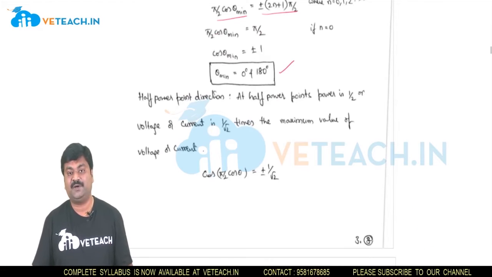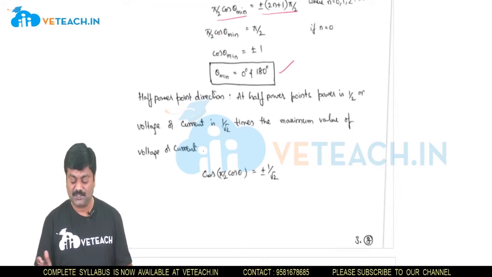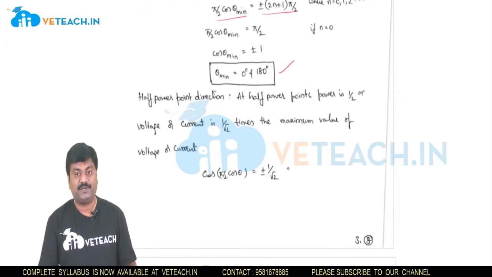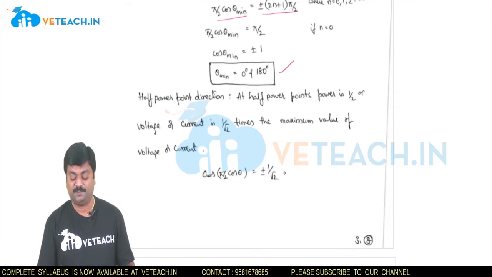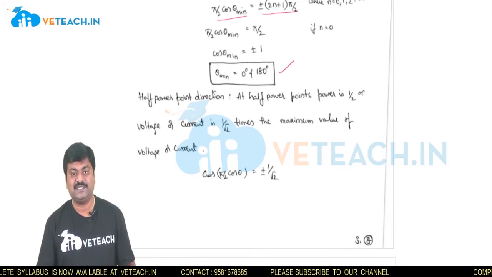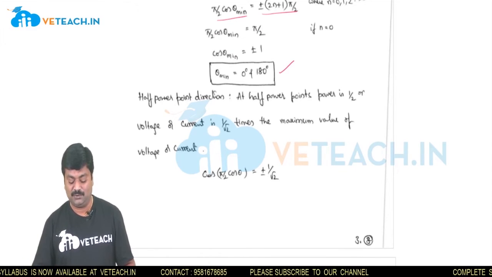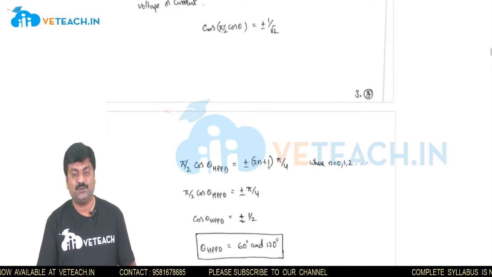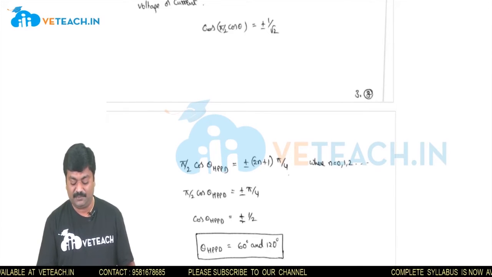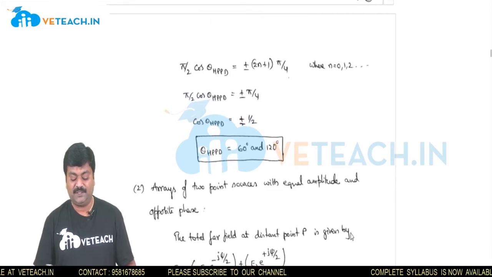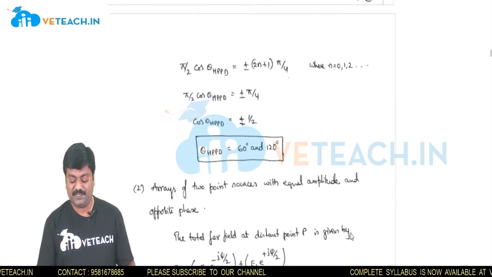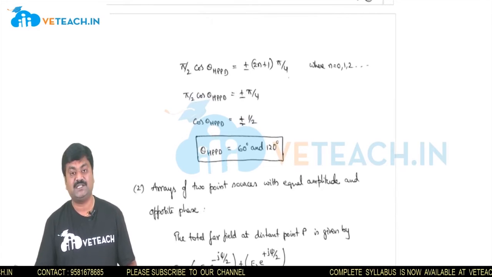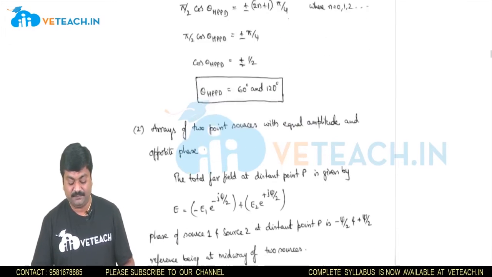For the half power beamwidth points, cos 45 degrees is considered as half power. So cos 45 degrees is nothing but 1 by root 2. So we write it as 2n plus 1 into pi by 4, and the half power points will be 60 degrees and 120 degrees.